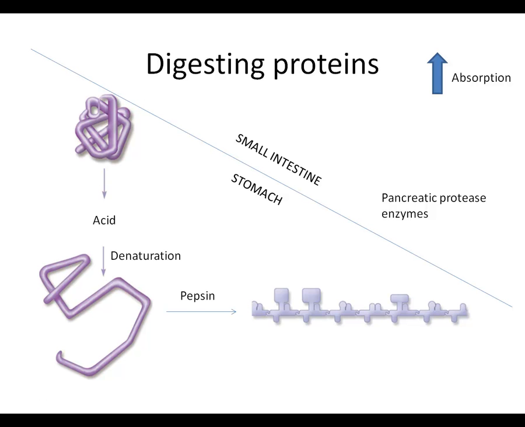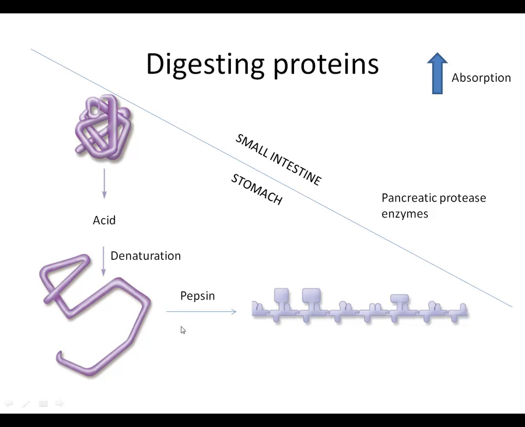So how big the peptides are depends on how many of those sequences it finds in the chain and how far apart they are spaced. Nevertheless, the digestion that pepsin does is not enough for it to be absorbed. From pepsin digestion alone, what you will get is a mixture of peptides of different lengths, and this cannot be absorbed.